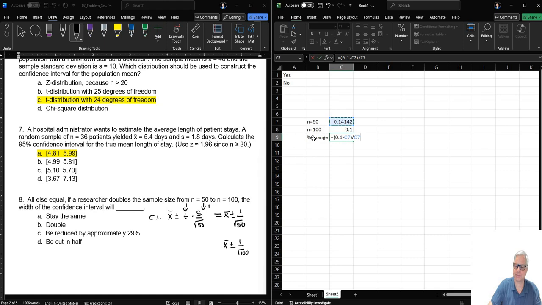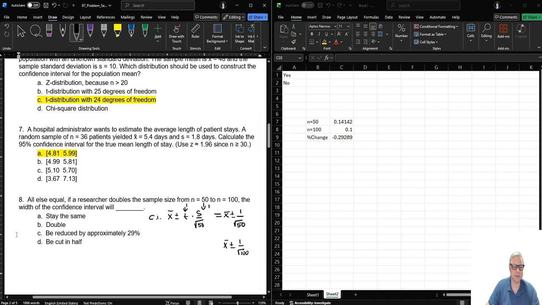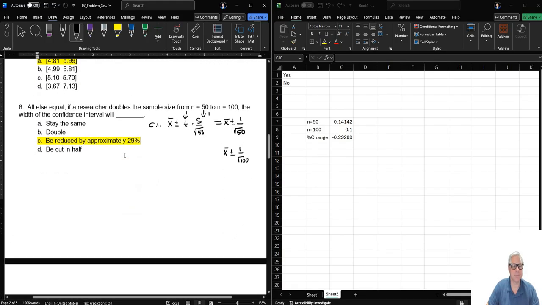That gives you the percentage change of the new relative to the old. Okay, and that's negative 0.29, so it's roughly 29%.